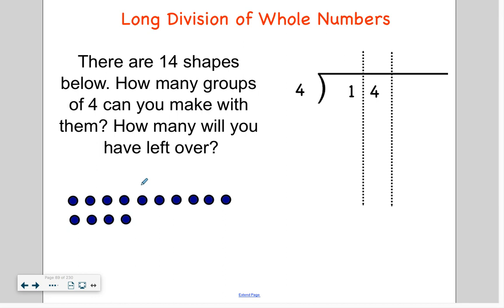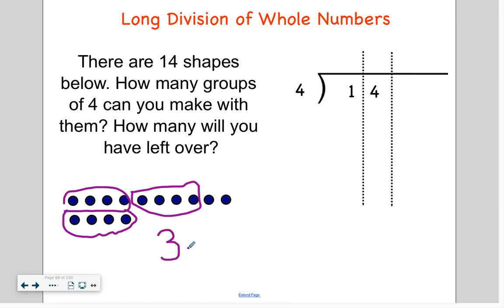If there are 14 shapes below, how many groups of 4 can we make? So I'm going to circle groups of 4. So right now I have 3 equal groups with 2 left over, or a remainder of 2.